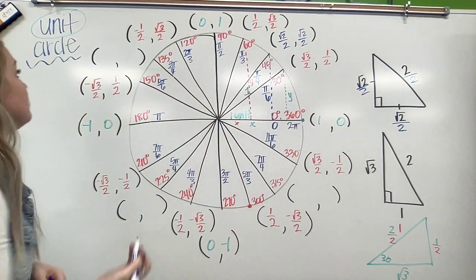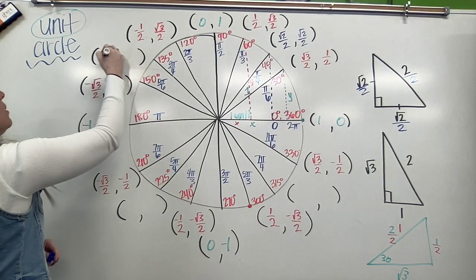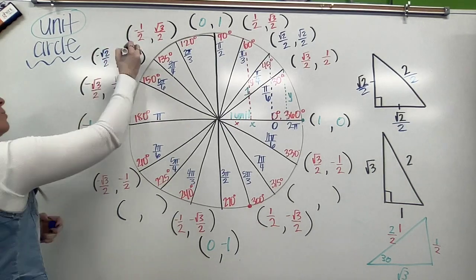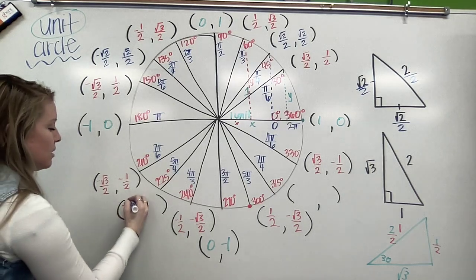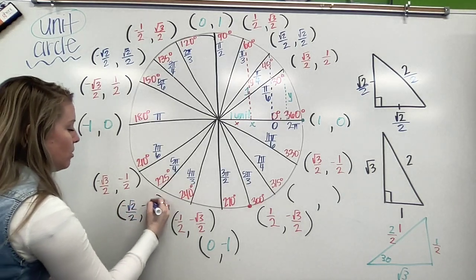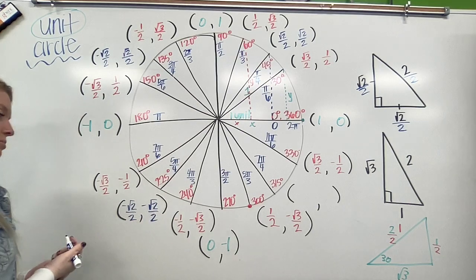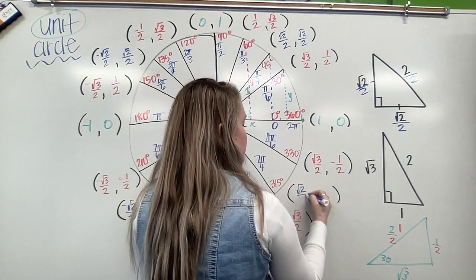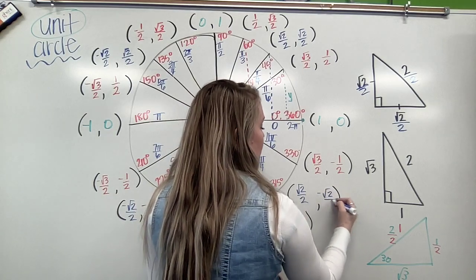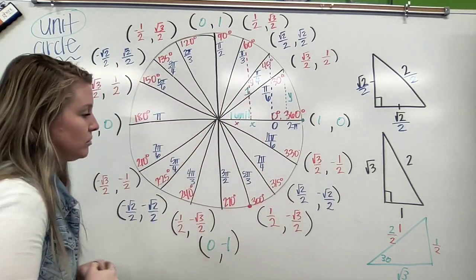And then we rotate. So here we went left √2/2, up √2/2. Left √2/2, down √2/2. And here we have a positive √2/2 and a negative √2/2.